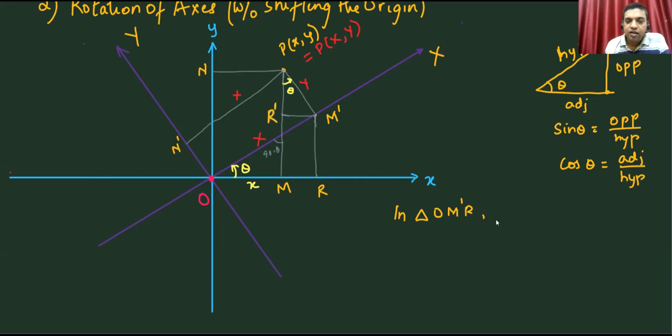All right. We get cos theta as OR by OM dash. Correct? In this triangle, OR will be the adjacent side to angle theta, and OM dash is the hypotenuse. So OR is OM dash cos theta, right?